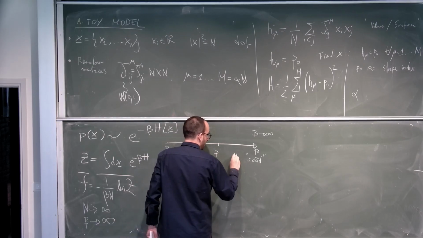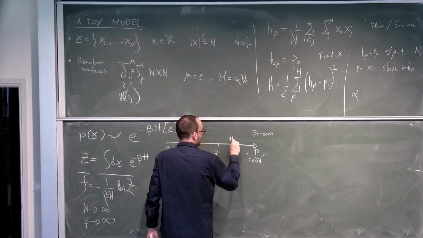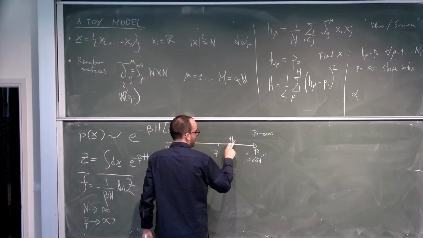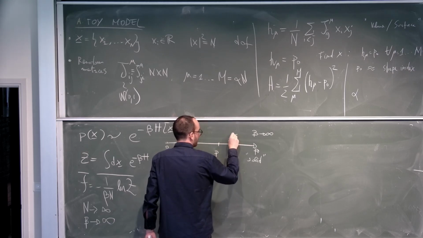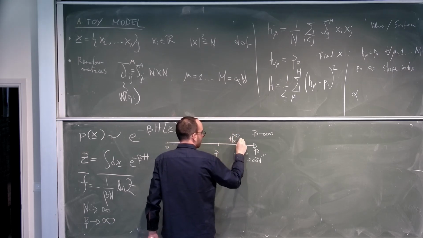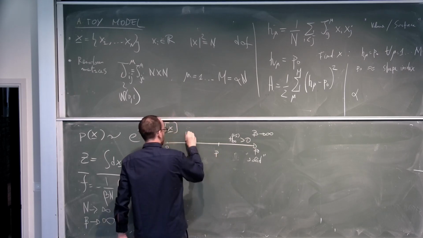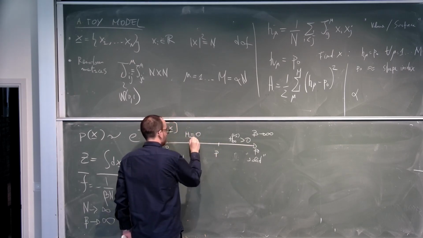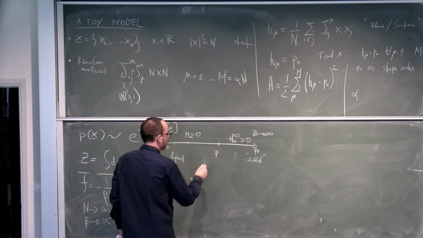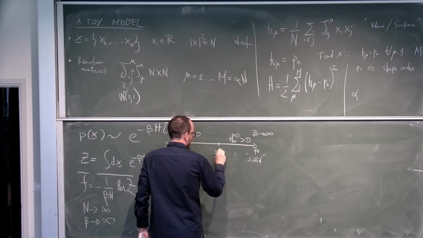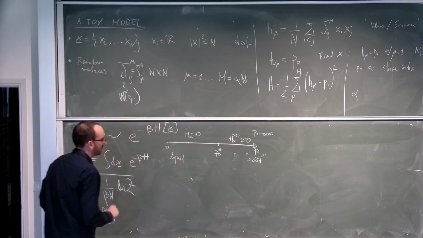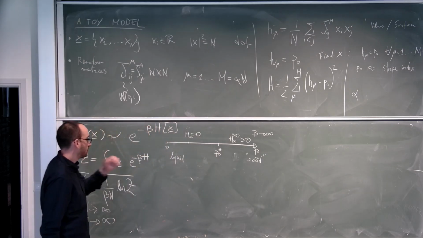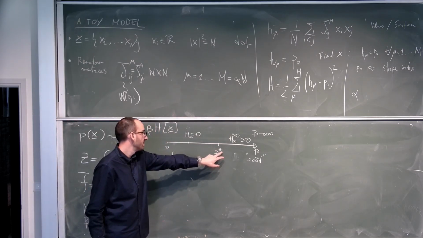So here H infinity means H is equal to the ground state. This is positive. Here H is equal to 0. And I can compute the critical point. So what is this point?